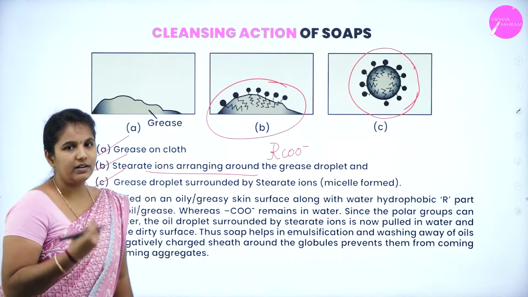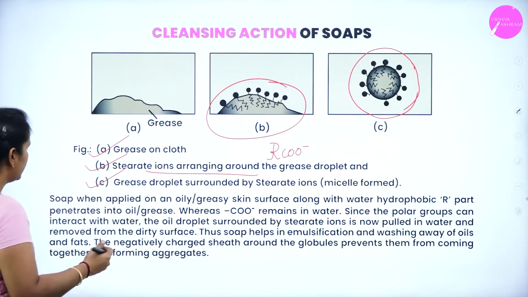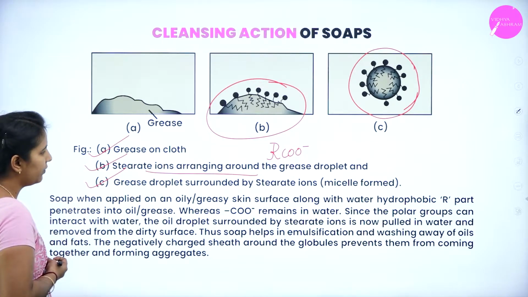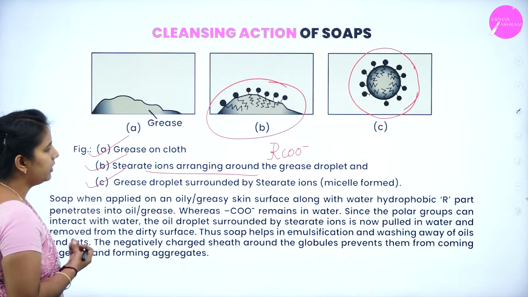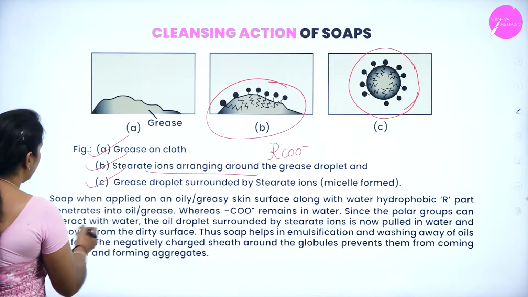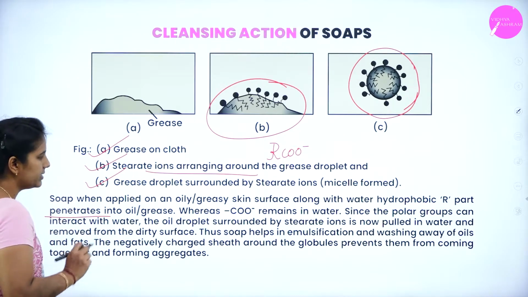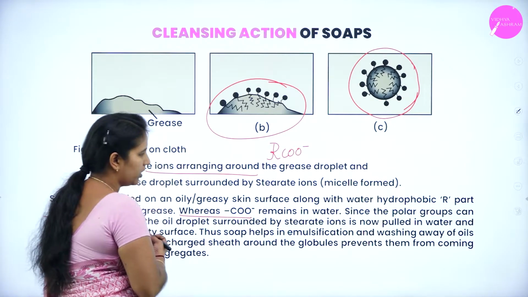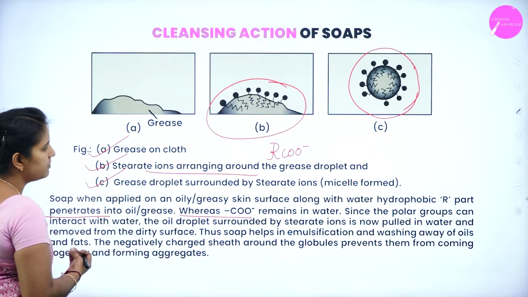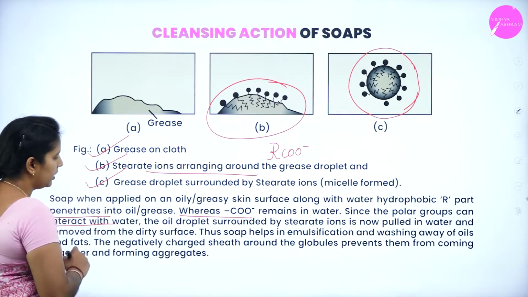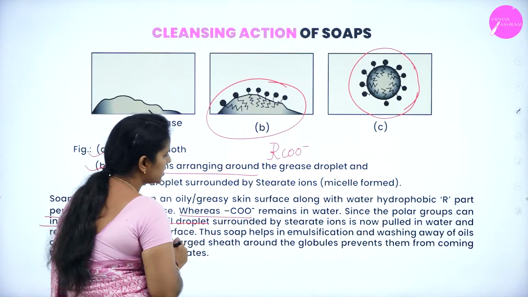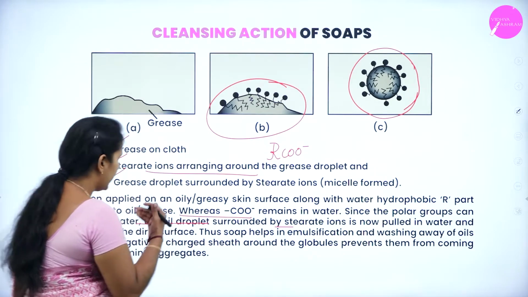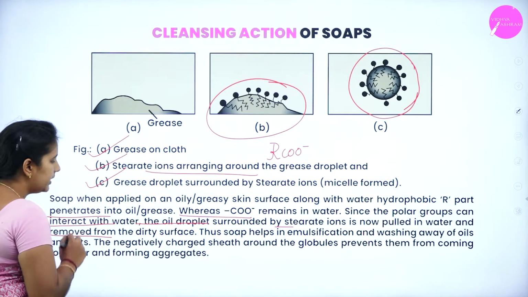Now let us understand what is the mechanism behind this. When soap is applied on the grease or an oily skin surface, along with the water, the hydrophobic R part penetrates into the oil or grease, whereas COO minus remains in the water. Since the polar groups can interact with the water, and the oil droplets are surrounded by stearate ions, this is now pulled by the water and removed from the dirt surface.